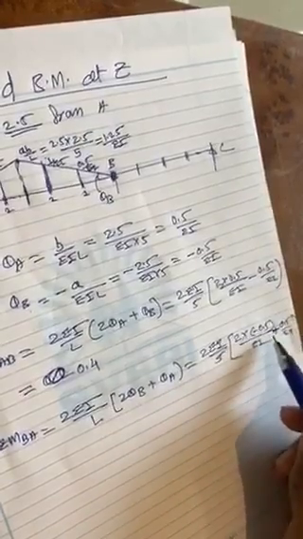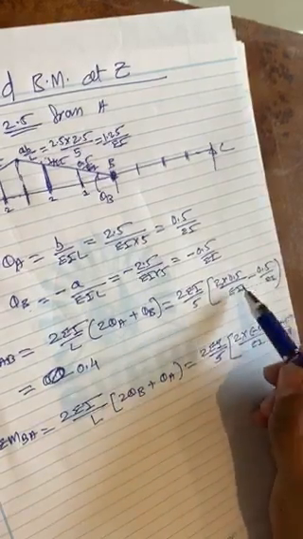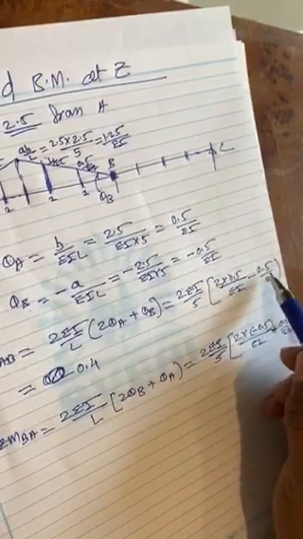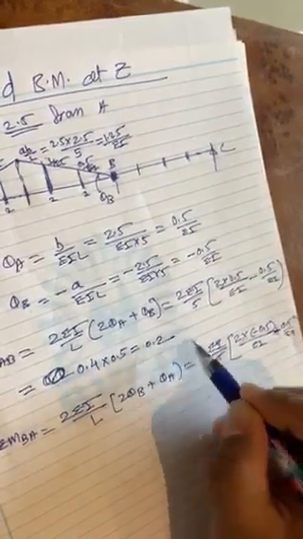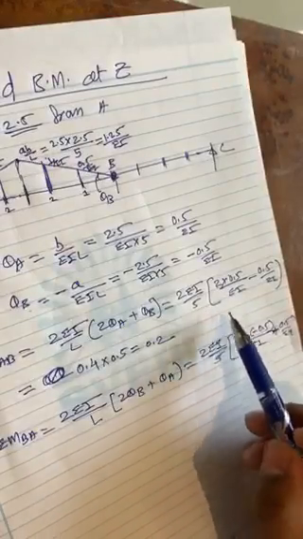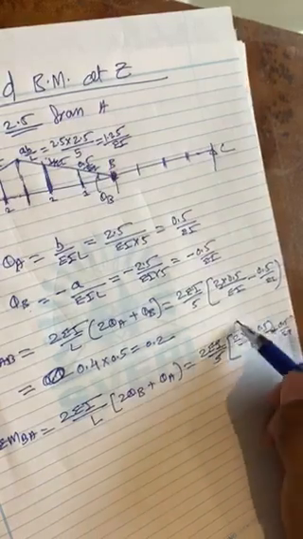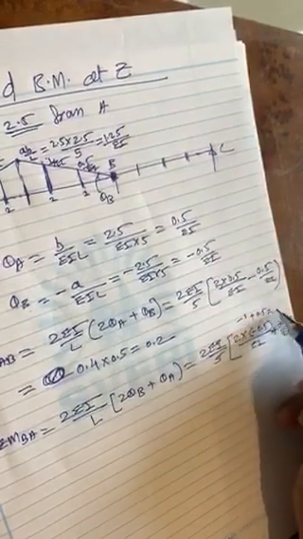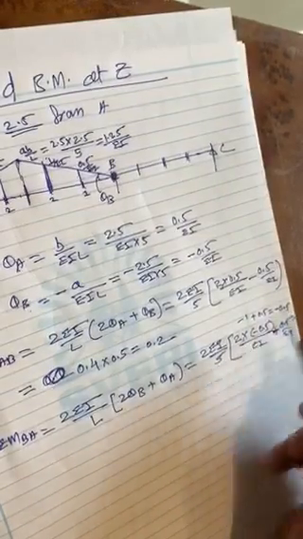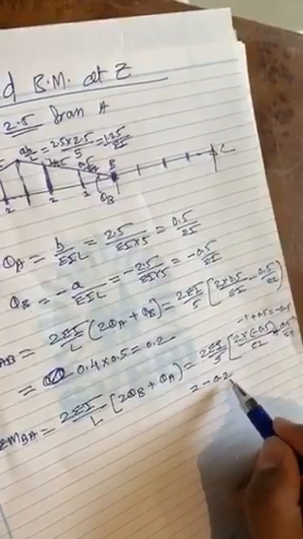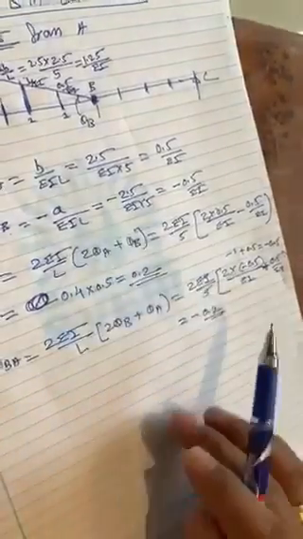Here 2 into minus 0.5 will become minus 1, and then plus 0.5, this will come as minus 0.5, and 2 by 5 is 0.4 into this will come out as minus 0.2.